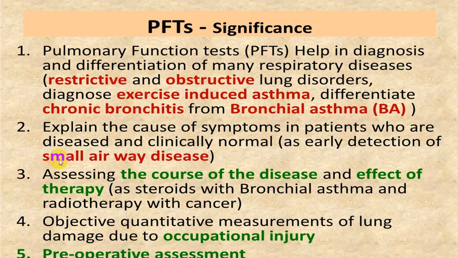One of the readings can also tell you whether small airway obstruction is there or not, an early detection of that. It will also help you to find out the progress of the disease, during the disease course and the effect of treatment. It is very helpful in occupational injuries, to find out the involvement of the lung when the person is working in an industry where there is a chance of lung involvement, which we call occupational lung disease. Also, this can be utilized for pre-operative assessment.